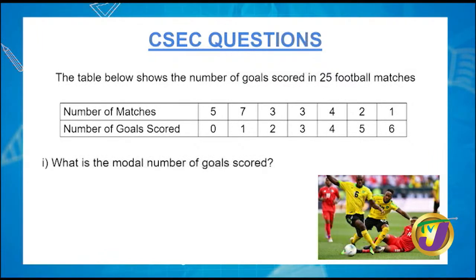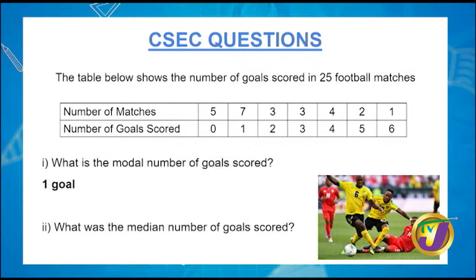So the highest frequency is 7, and that is for one goal. So one goal occurs in most of the matches that are being played. That means the modal number of goals scored would be 1 goal. All right, got you. I hope you at home are getting it as well.